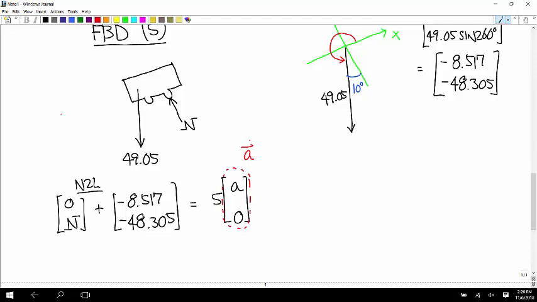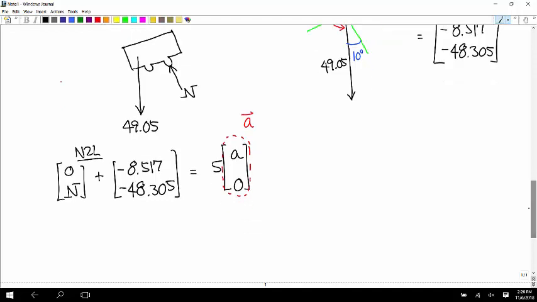It's just not complete until we know what that variable a is. So to find that variable a, we only care about the x equation here, so I'm not even going to do the y equation. The x equation says 0 minus 8.517 is equal to 5a.